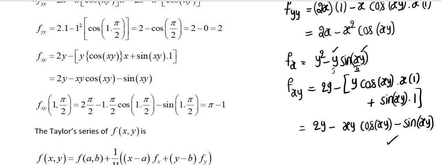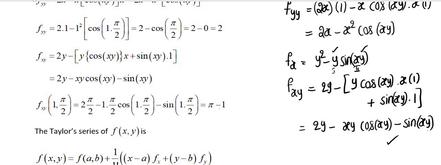Why minus 1 only? Because cos pi by 2 is 0. So this term vanishes. Minus sin pi by 2. The value of sin pi by 2 is 1. That's why we are going to get minus 1 here. So the value of fxy at 1 comma pi by 2 is pi minus 1.